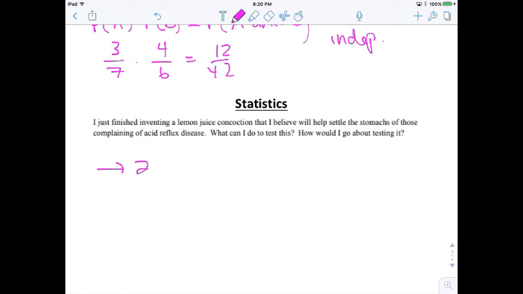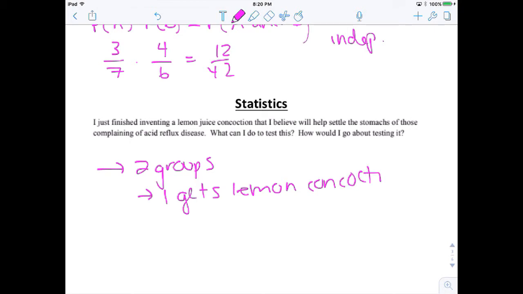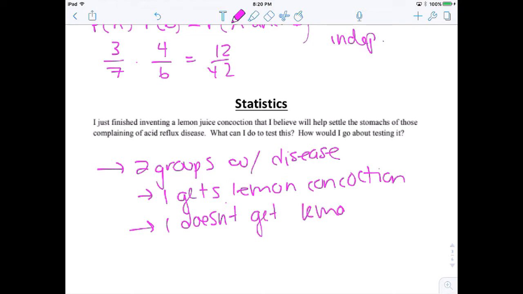So here's what you would need to say in this. You would need to have two groups, separated. You would need one group that gets the lemon concoction, and this should be two groups of people with the disease. And then one group that gets no lemon concoction, and this, remember, is your control group.